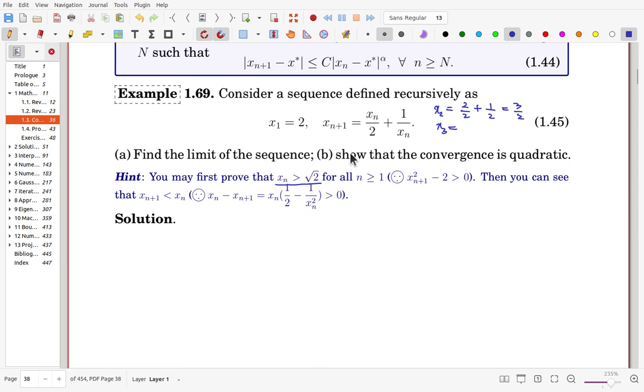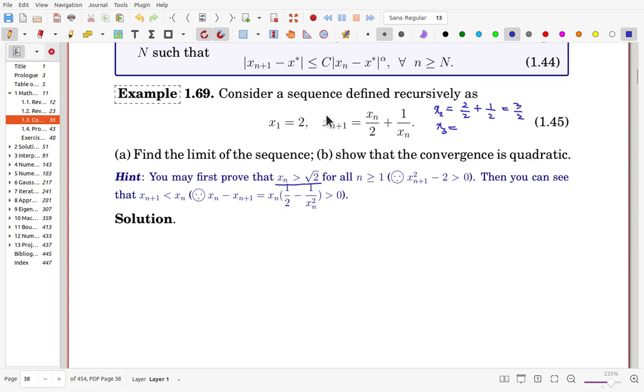Now, xn is a decreasing sequence and bounded below, so it cannot be smaller than the square root of 2, which means that the sequence is convergent.